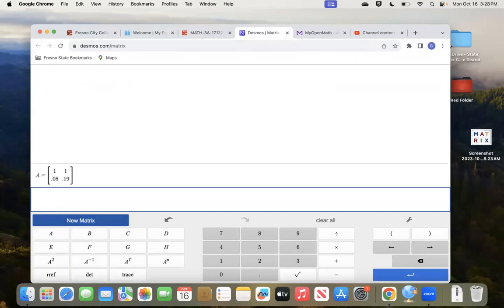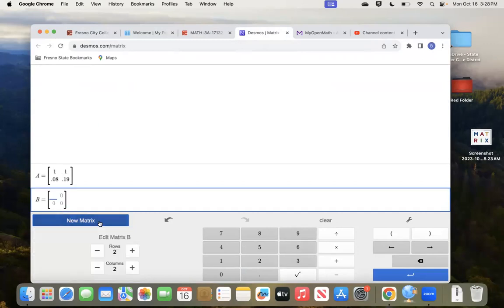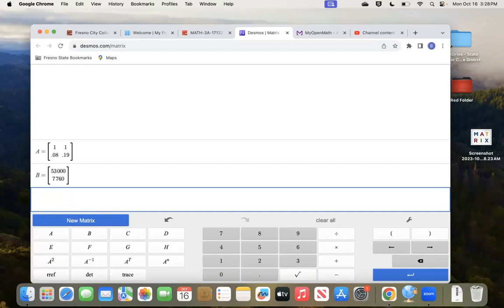And the second matrix would be the one on the right side, so new matrix. Make it straight up and down. 53,000, tab, 7760. Enter.